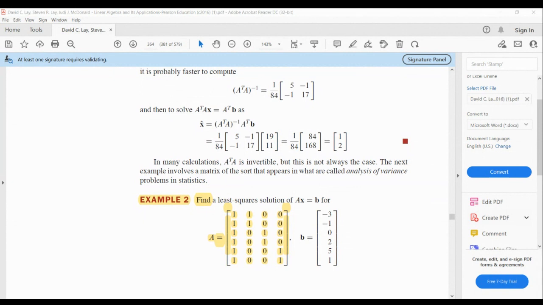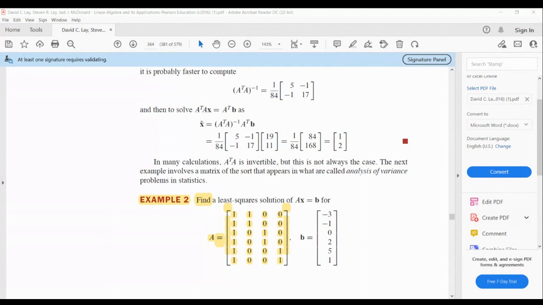So in other words, the first vector equals 1 times the second column vector plus 1 times the third column vector plus 1 times the fourth column vector. So the fact that the first column vector of the matrix A is a linear combination of the other 3 column vectors of the matrix A means the column vectors of the matrix A are linearly dependent, and so the matrix A is not invertible.